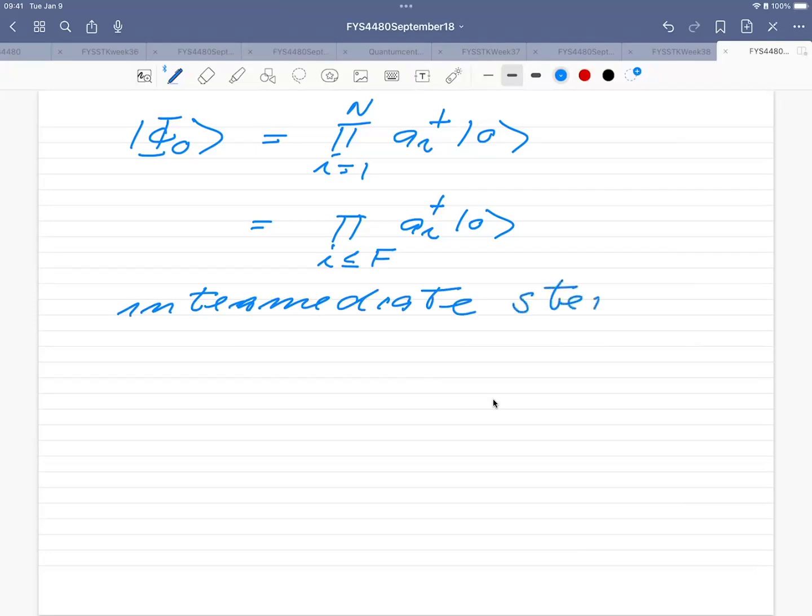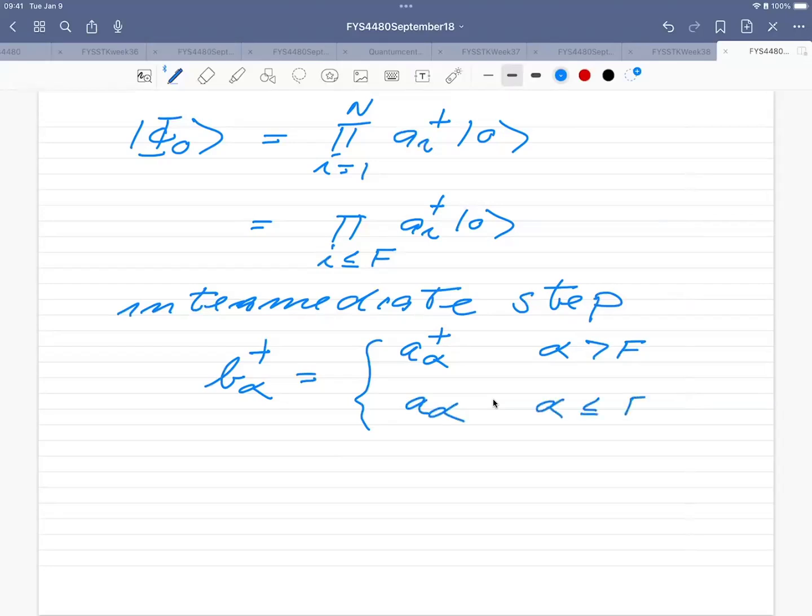So let's do that. We take an intermediate step here, and we define a new operator, which I call b alpha dagger. This is simply given by the old ones: a alpha dagger for alpha larger than the Fermi level, and then a alpha, so this is an annihilation operator, if alpha is less than or equal to F.